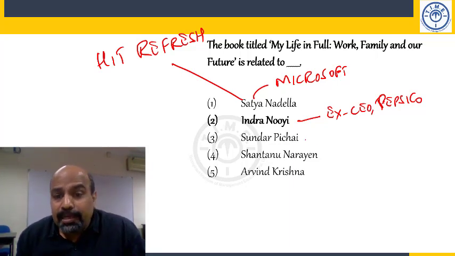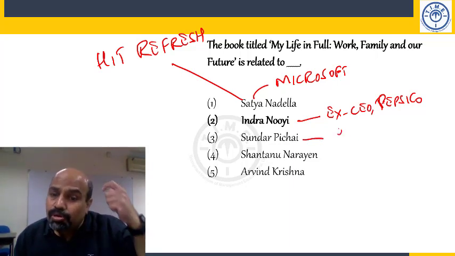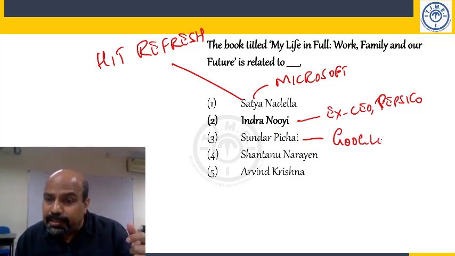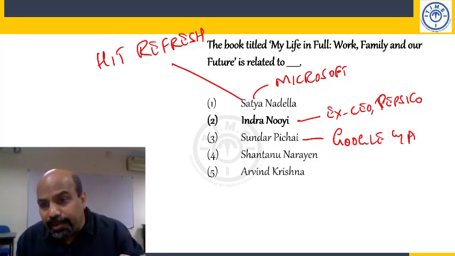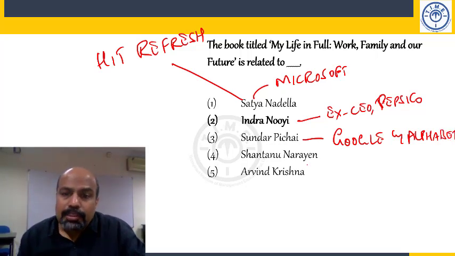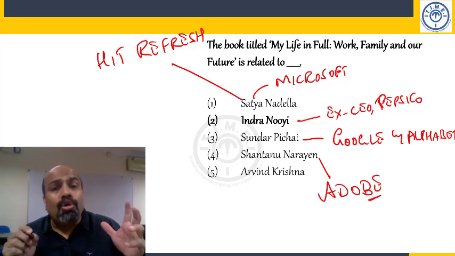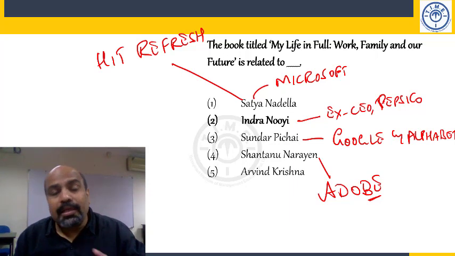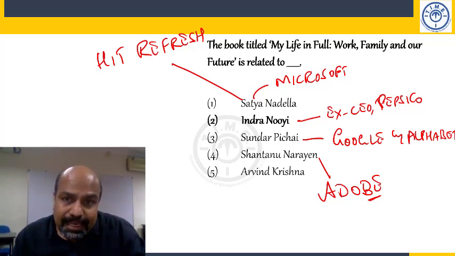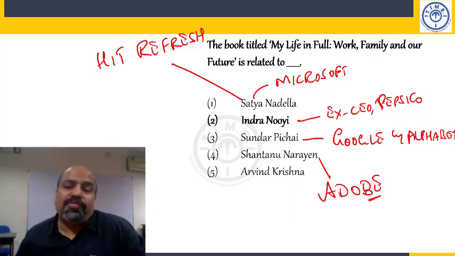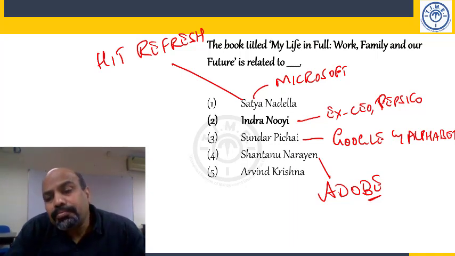So Sundar Pichai, ladies and gentlemen, he is the CEO of Google and Alphabet, Google's parent company Alphabet. Shantanu Narayen, Adobe, CEO, chairperson Adobe. It's not Adobe, it's Adobe. Adobe is the name of a river after which it is named. Okay.